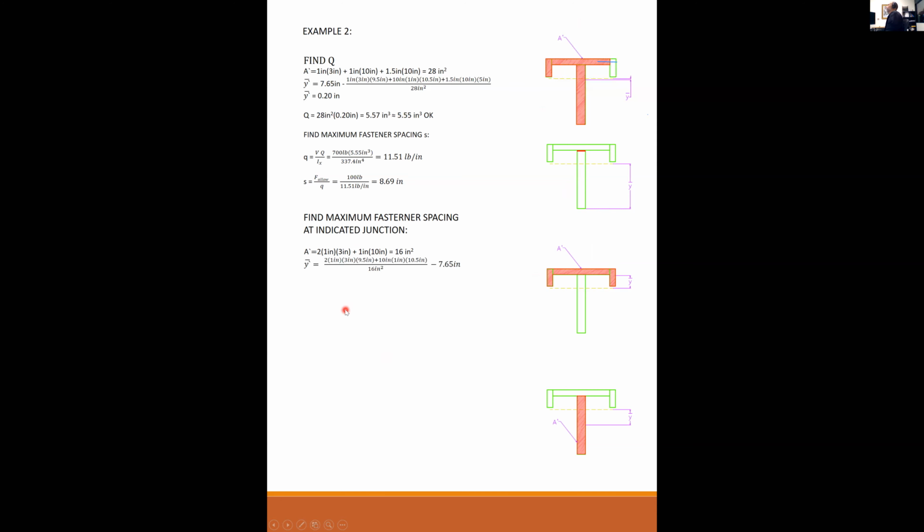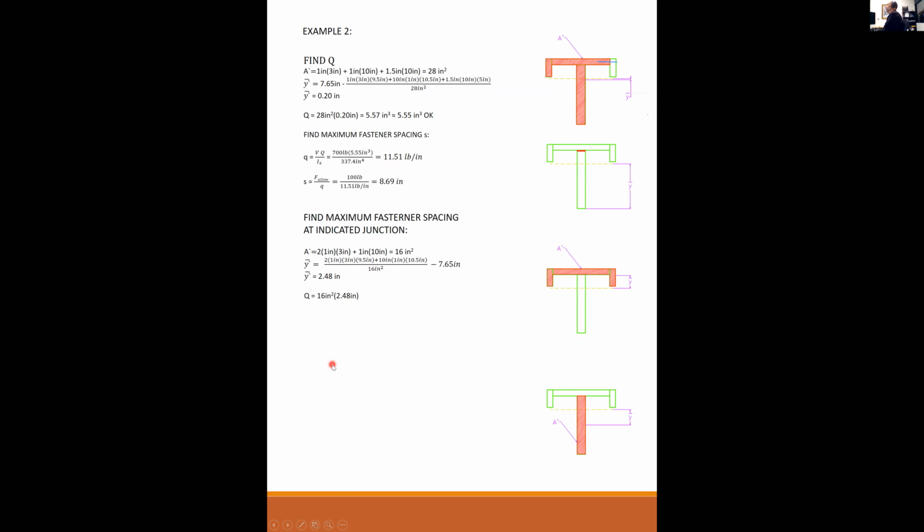Y bar prime: you have to find the center of gravity of the red area. So I just did 2 times 1 times 3 times 9.5, the centroidal distance, plus 10 times 1 times 10.5, the centroidal distance, over 16 inches squared. This is the center of gravity of A prime minus the center of gravity of the whole section, and that is 2.48 inches, from the center of the red to the center of the whole.